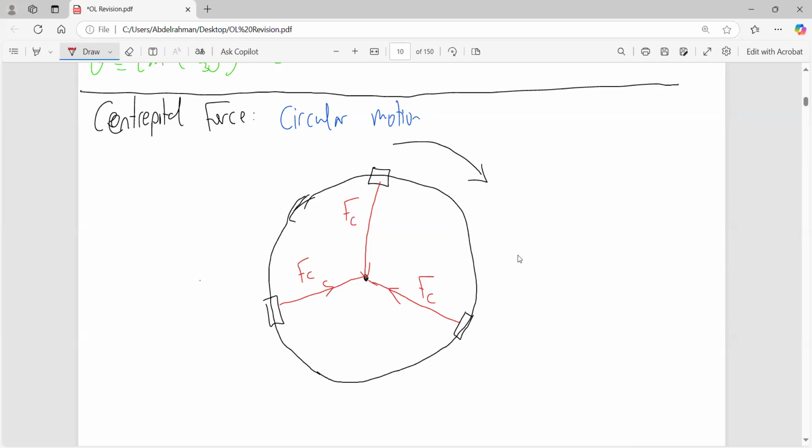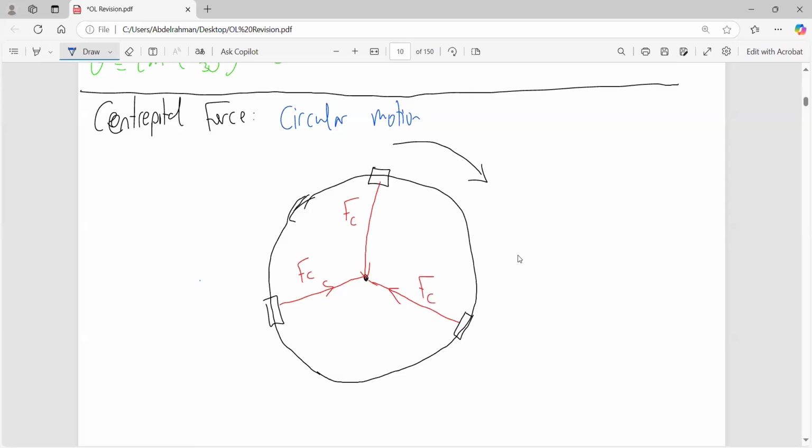The other question is, what happens if for any reason the object does not continue in a circular path, if it loses contact with the path, if it slips, whatever happens? What would happen to the car? It would move in a tangent to that point.